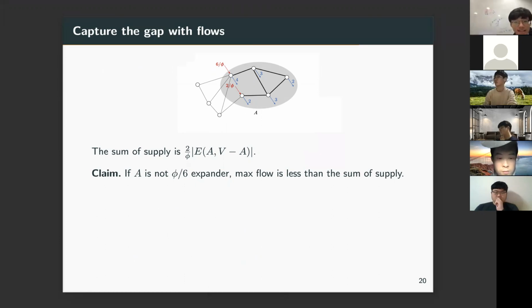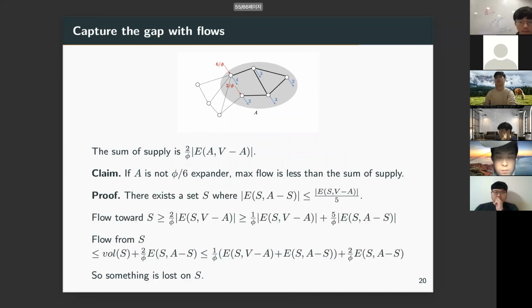So the claim is if A is not a phi divided by 6 expander, then max flow does not satisfy all the supplies.